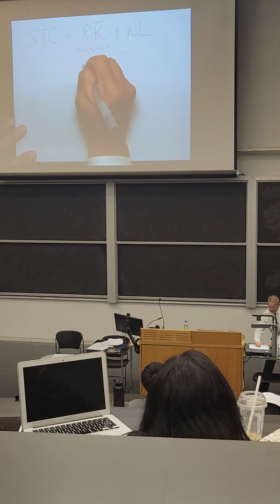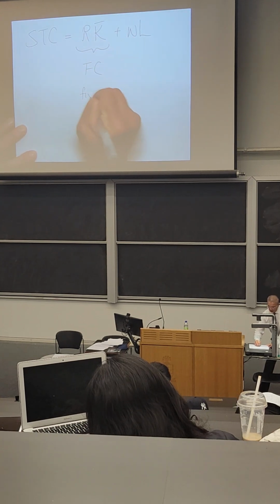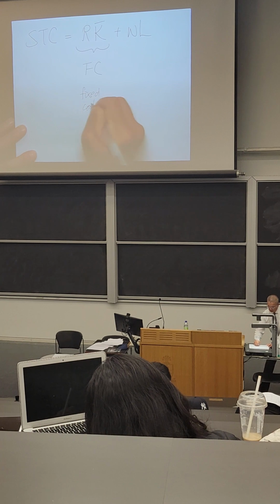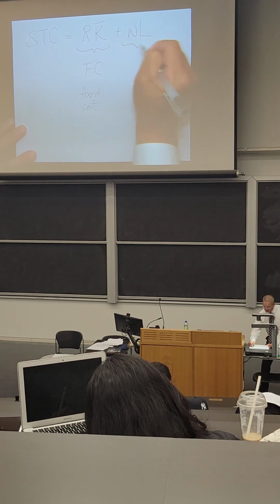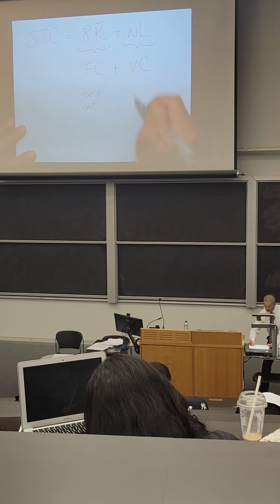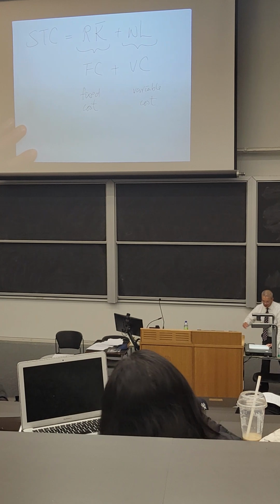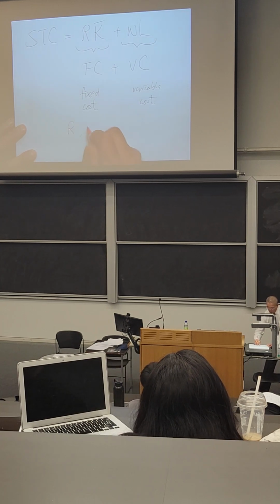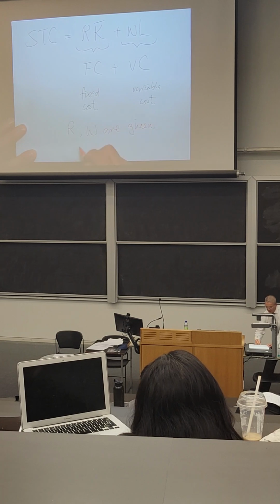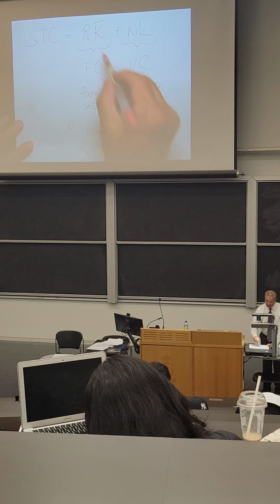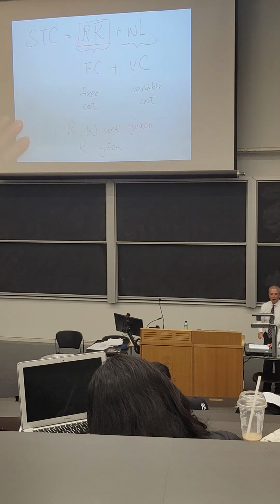This is the fixed cost. This is the variable cost. Why? Because interest rate, wages are given, and capital also given in the short run. So in other words, this one does not change.